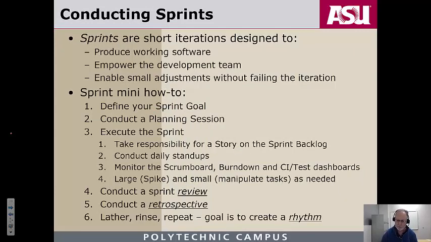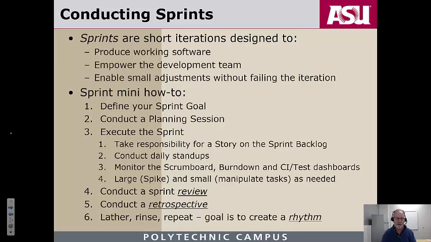What are they specifically? Short iterations designed to, first, produce working software at the end of every sprint. Second, empower the development team. What do we mean by that? When the development team takes on the sprint, when the pigs take on the sprint, now the pigs are in charge. They get to decide what tasks they're going to do. They don't have a taskmaster going around saying you have to do this, this, and this.